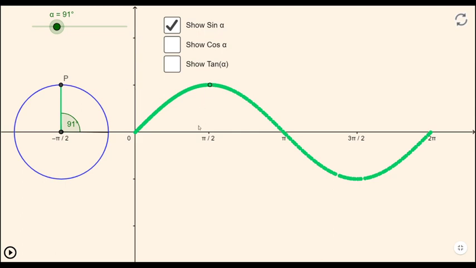So when you get sine 90 degrees, you get y equals 1. When you get sine 180, it equals 0.